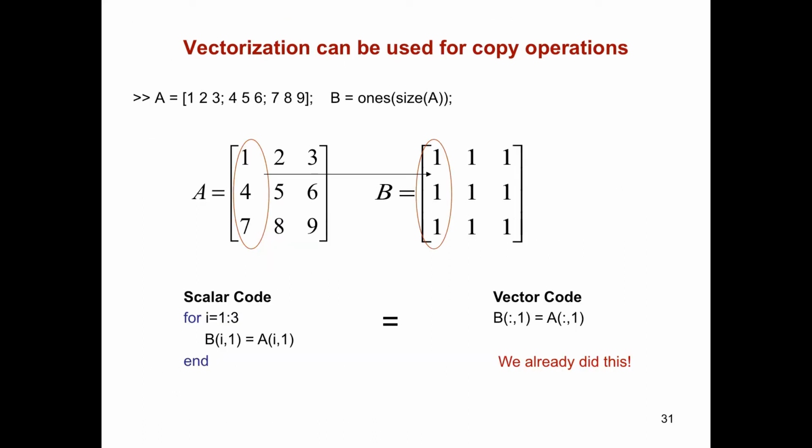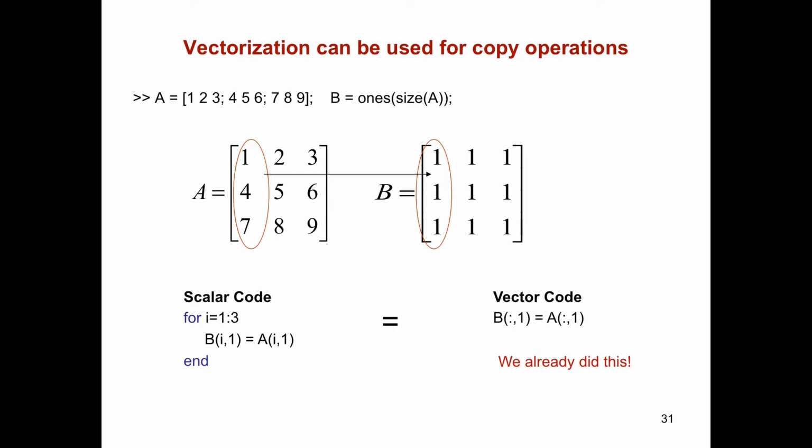So you can also do vectorization in multiple ways. I know we already learned that if I have 2 matrices and want to copy the first column of matrix A into the column of matrix B, I would simply say B first column is first column of A, right?